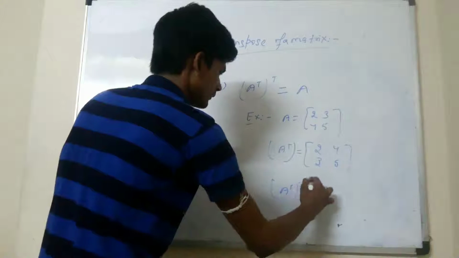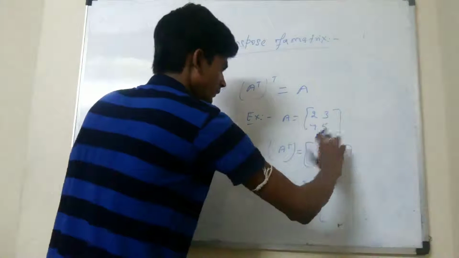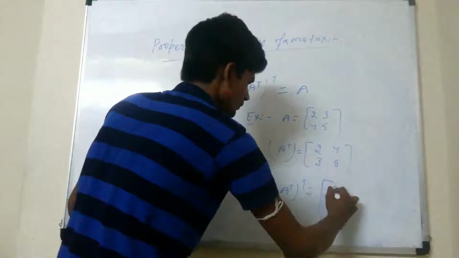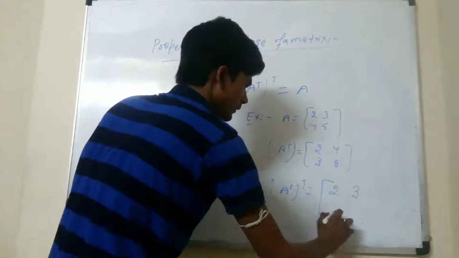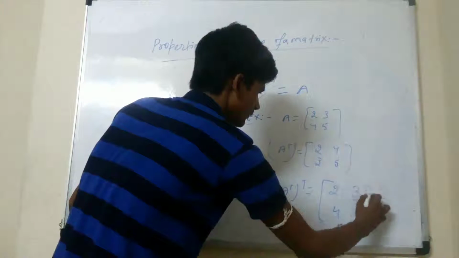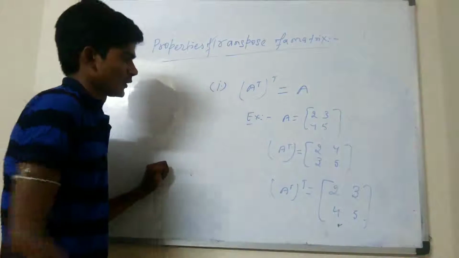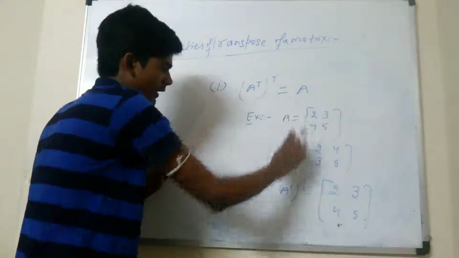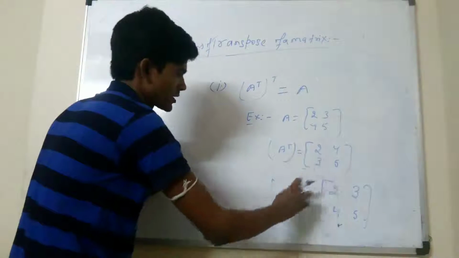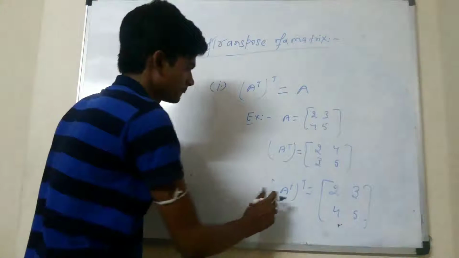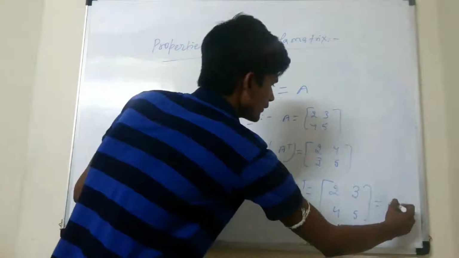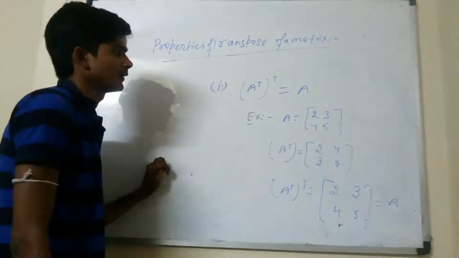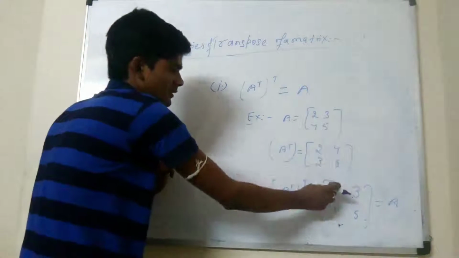simply the first column goes into the first row and the second column into the second row. So this is matrix A and this is the transpose of the transpose of A. It is also equivalent to matrix A. This is 2, this is also 2, then 4, 4, 3, 3 and 5.